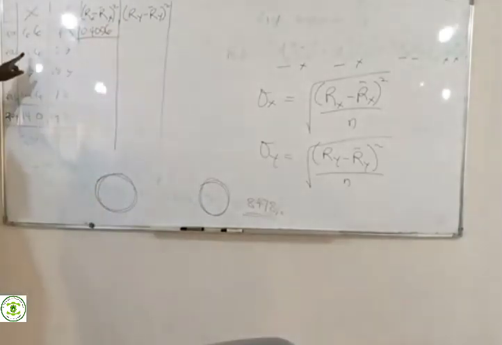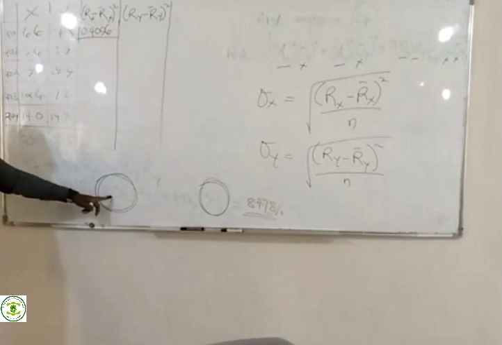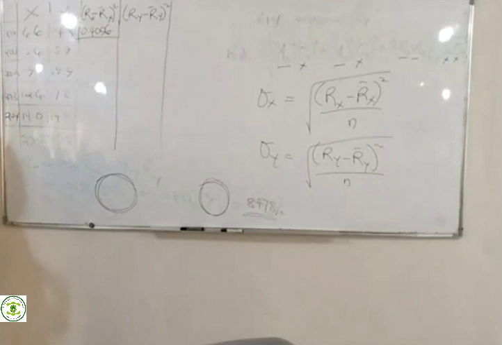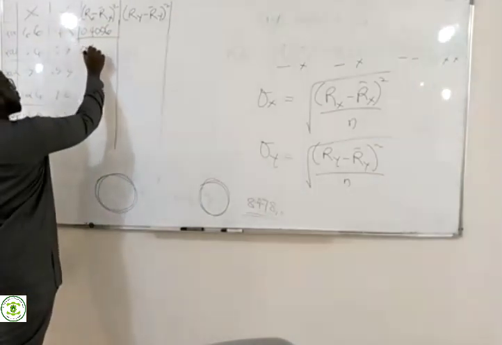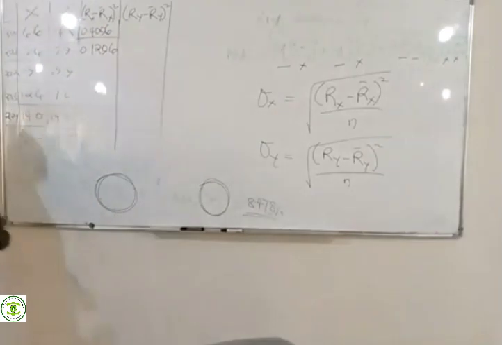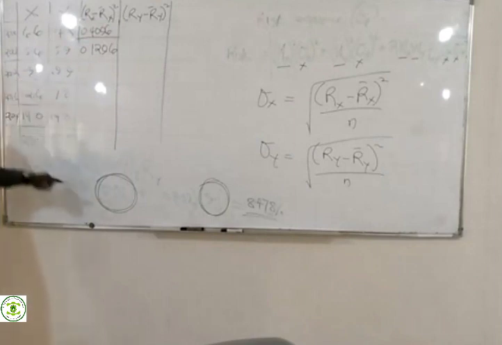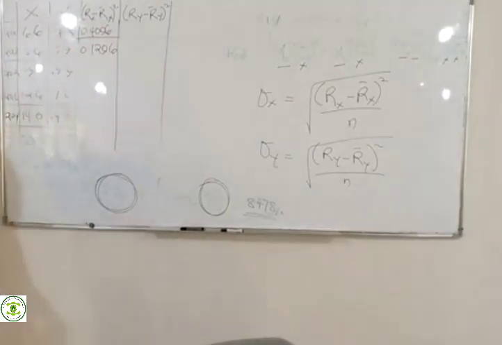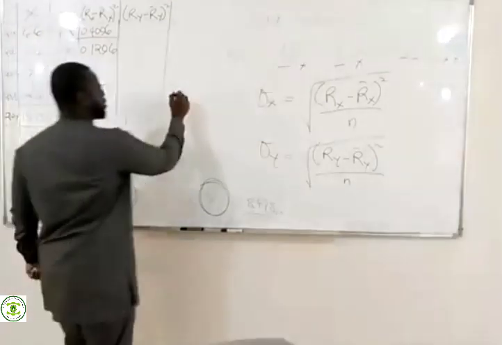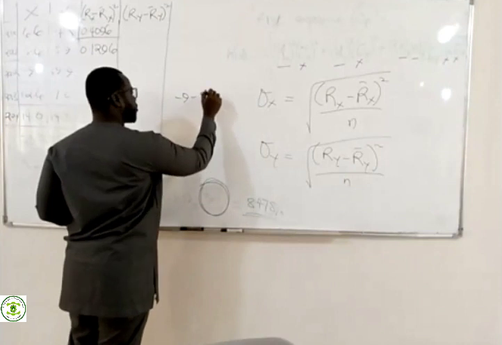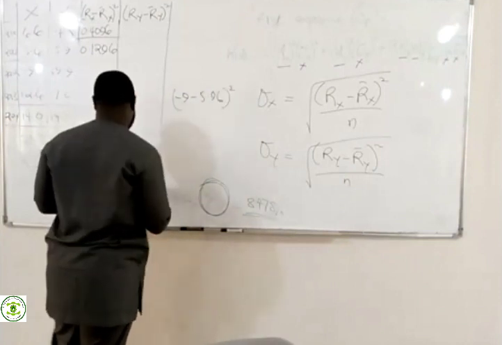And then the other one, 5.6 minus 5.96, squared, which is 0.1296. This one will be 9 minus 5.96, squared.